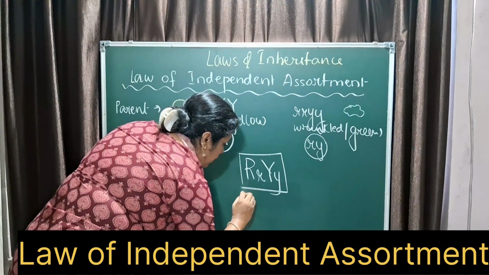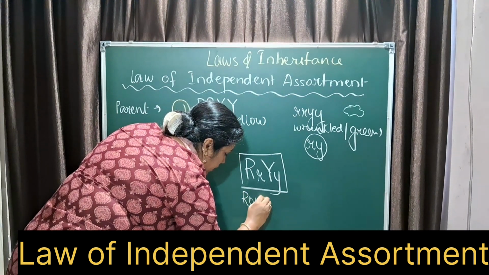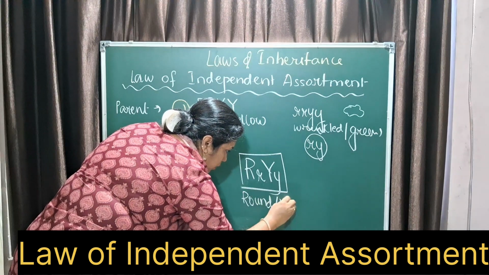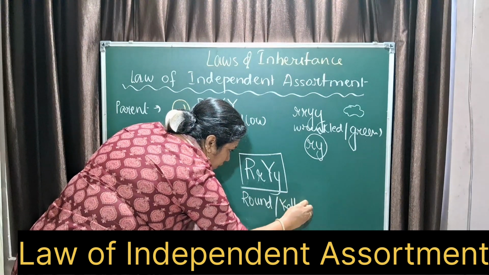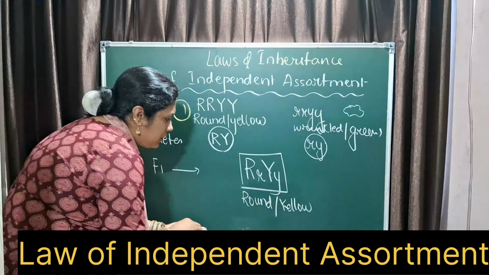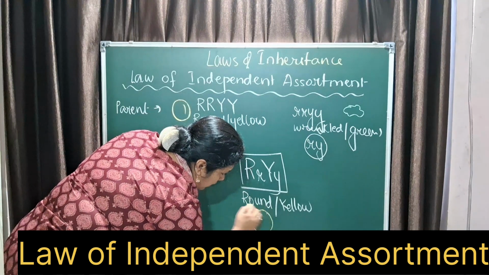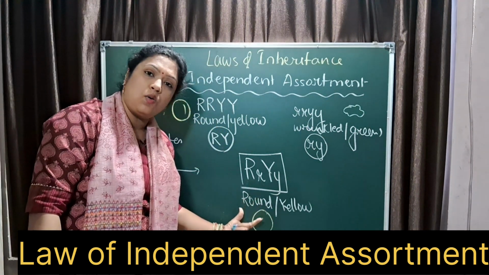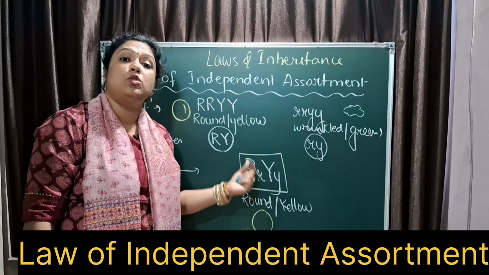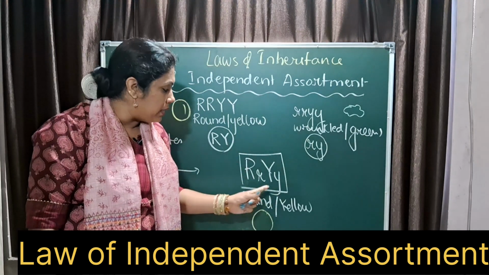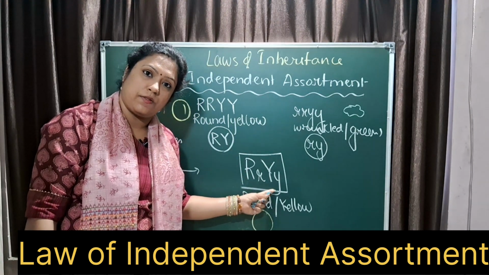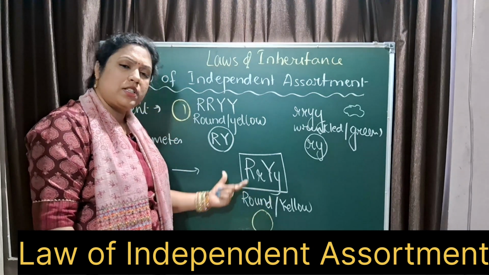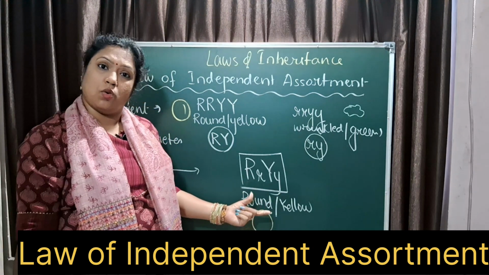It will be round, because round is a dominant trait, and yellow, because yellow is also a dominant trait. So here also the kind of seed formed is round and yellow. Is that clear? This shows that round and yellow are the two dominant traits. Recessive ones are not able to express themselves. Okay. So F1 speaks about law of dominance also.